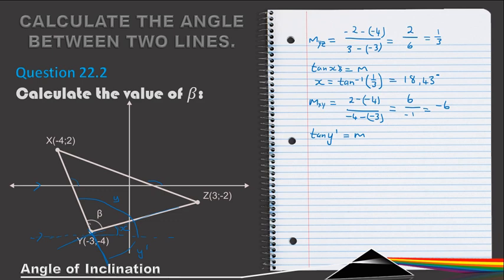And y1 is just over here. So that means y1 is equal to tan inverse of -6.